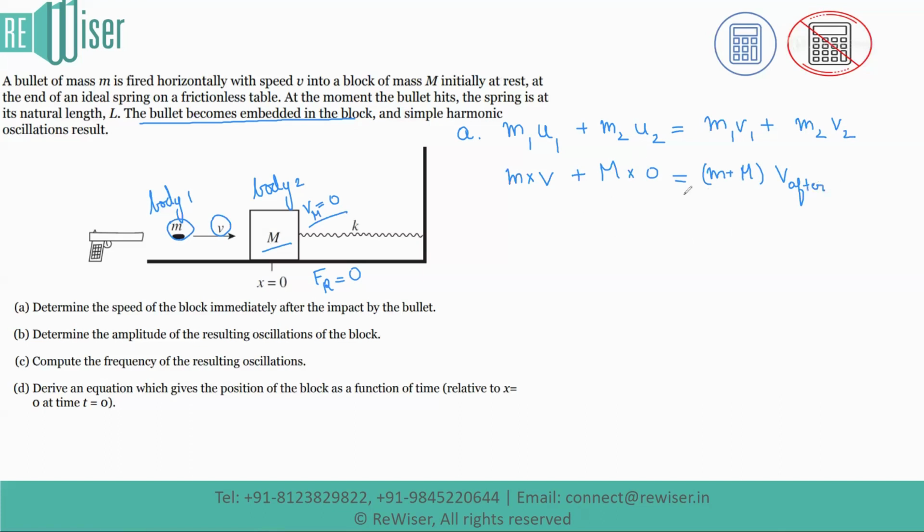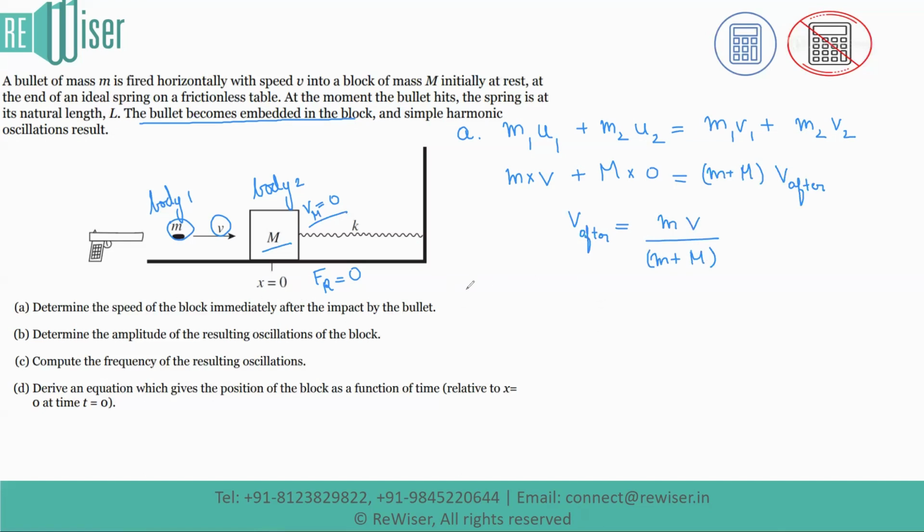Rewriting the equation in terms of velocity after collision, I get small m into V divided by small m plus capital M.